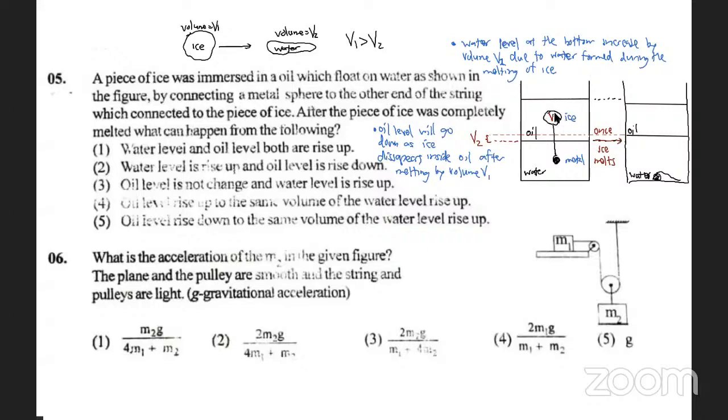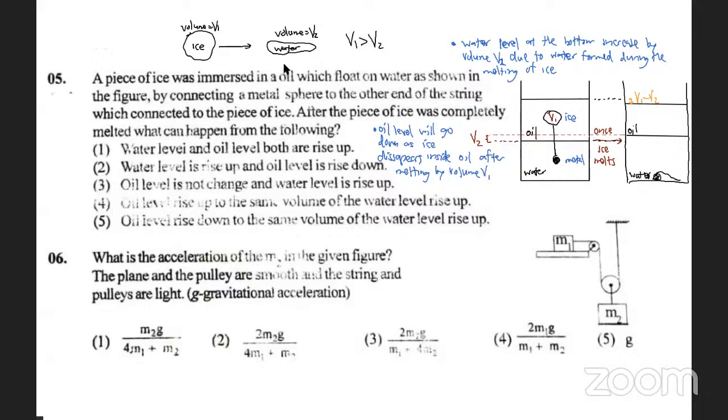Once all the ice is melted, oil level will go down by the original volume of ice, that is V1. So oil will try to go up by a volume of V2, but it has gone down by a volume of V1. Then ultimately it would have gone down by what resultant volume? V1 minus V2.